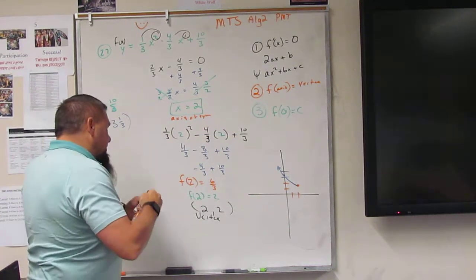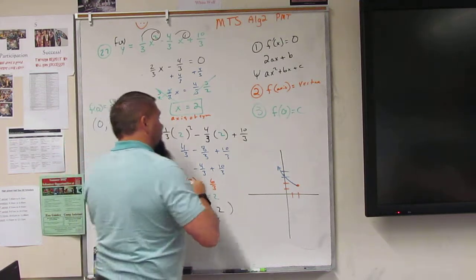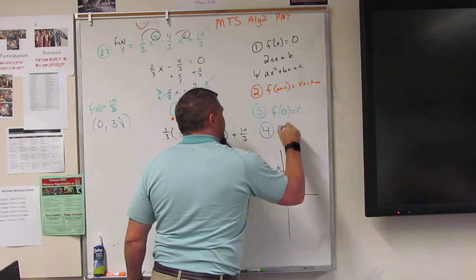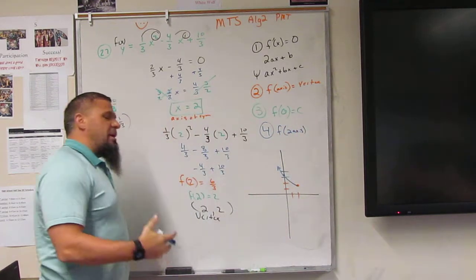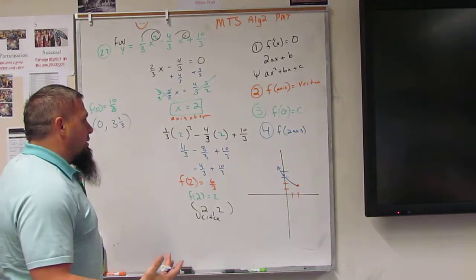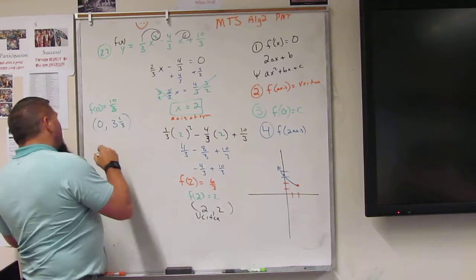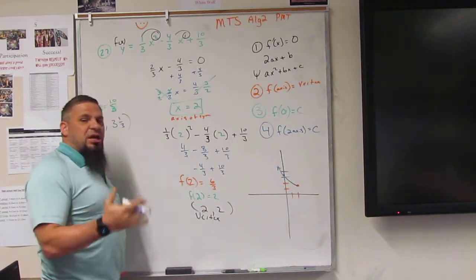The other side is the fourth step, and it's pretty simple. It's just f of 2 times the axis. If you remember that, we're just plugging in twice the axis, every single time. And it should equal c. This is our check method.